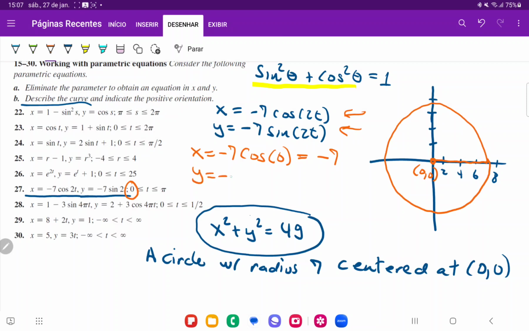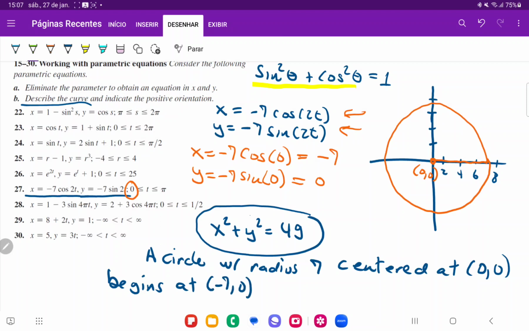And y is minus 7 times sine of 2 times 0, which is sine of 0, and sine of 0 is just 0. So it begins at the point x is minus 7 and y is 0 when t is equal to 0. That's the first boundary. It begins at the point minus 7, 0.